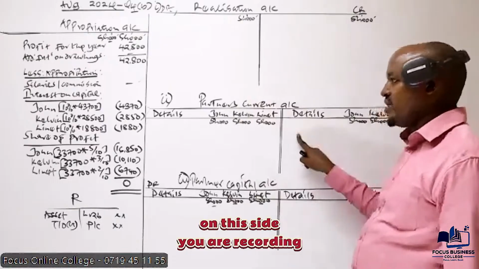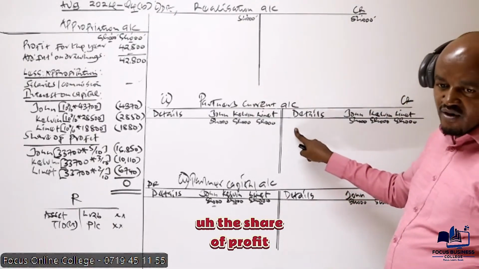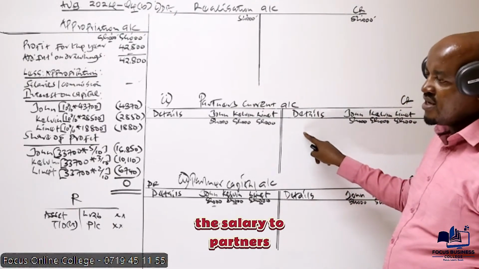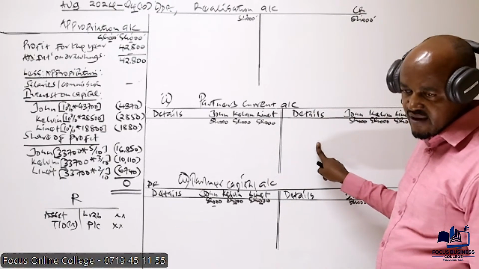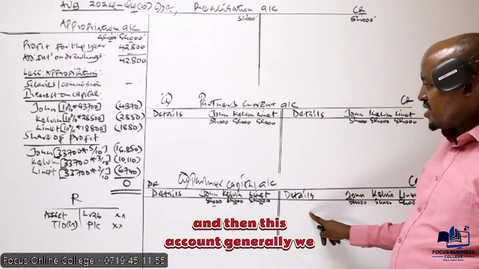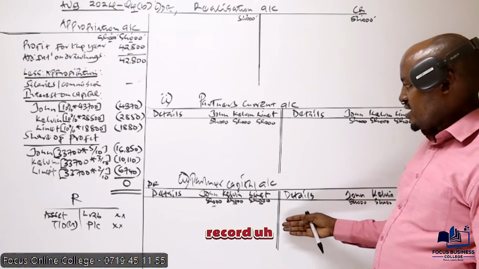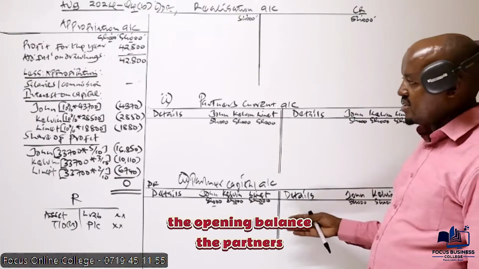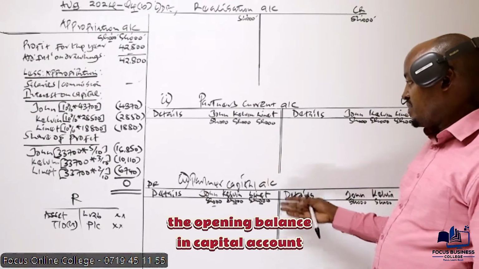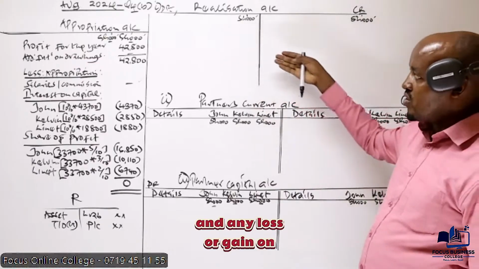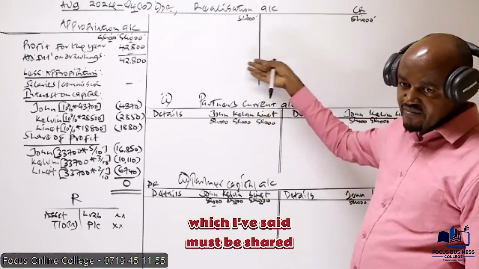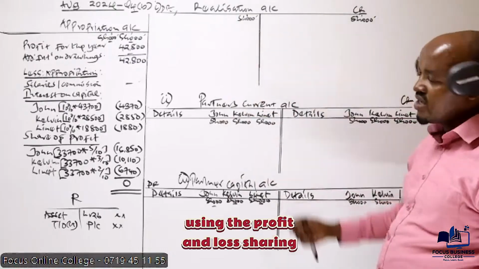On this side, you record the share of profit, the salary to partners, and the commission to partners. And then in the capital account, we generally record the opening balance, and any loss or gain on realization, which must be shared among partners using the profit and loss sharing ratio.